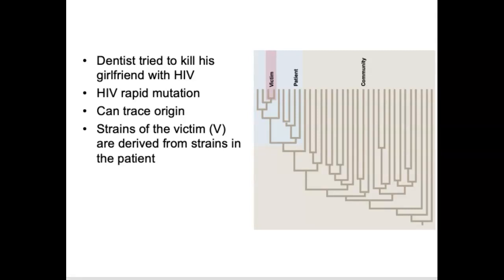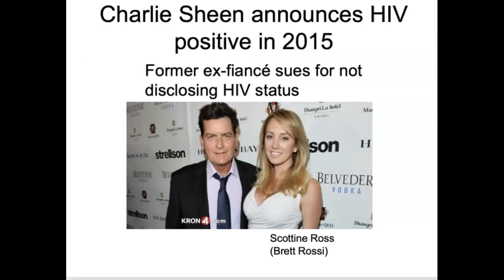One that might be more relevant: those of you who know Charlie Sheen, back in 2015, he announced he is HIV positive. His former fiance, or ex-fiance, sued him for not disclosing his HIV status.